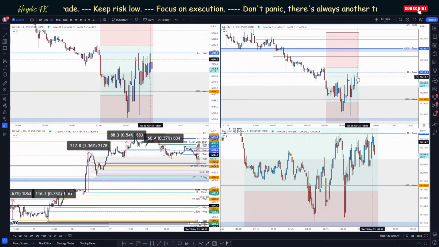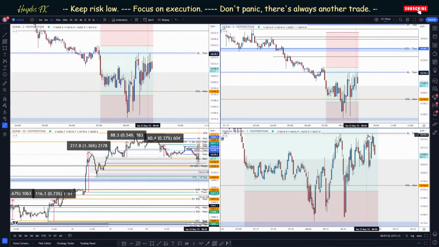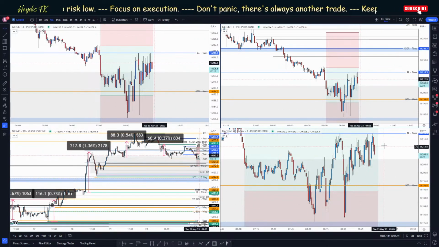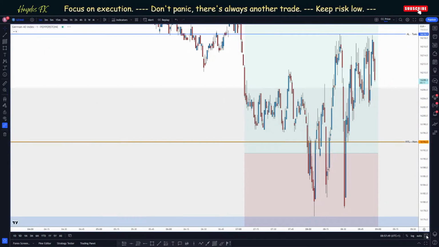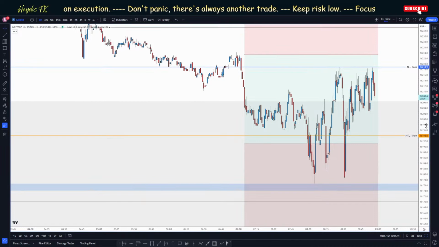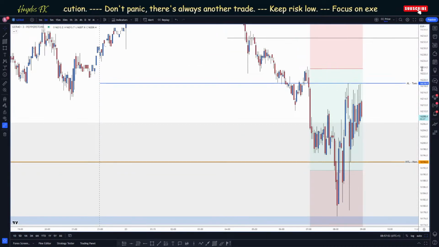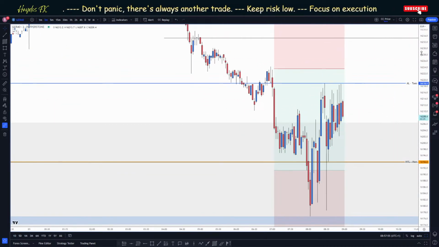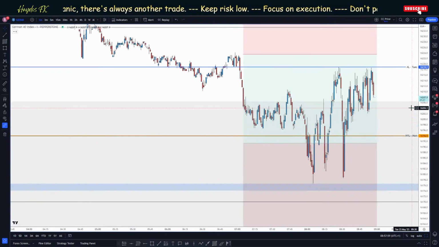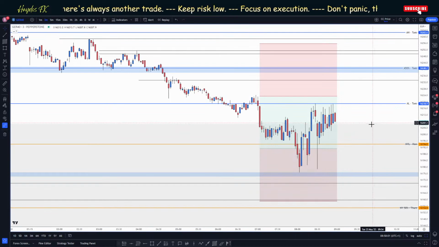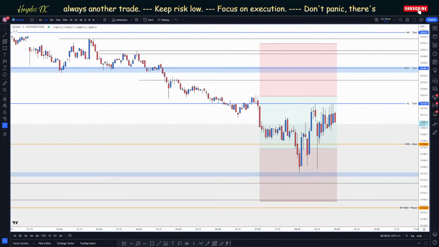Okay, so not quite an equal high. Very close, but 0.2 away from being an equal high. Look at these necklines.